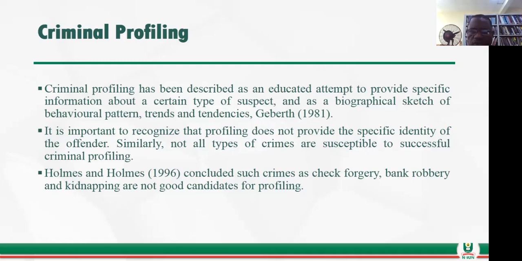It is important also to recognize that profiling does not provide the specific identity of the offender. Similarly, not all types of crimes are susceptible to successful criminal profiling. That is why Holmes and Holmes, 1996, concluded that such crimes as check forgery, bank robbery, and kidnapping are not good candidates for profiling.